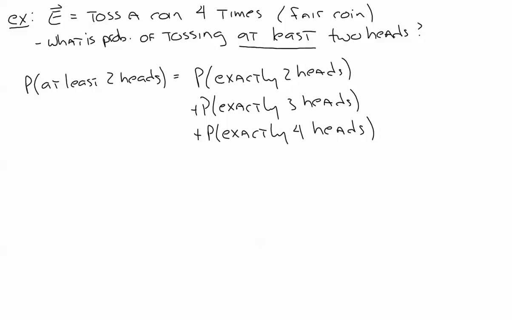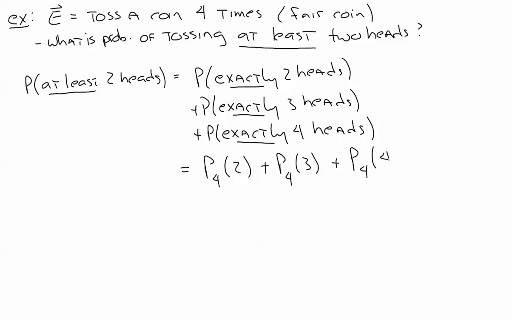That's how we're going to do it. We use our central relationship to calculate a slightly different result. So this will be the summation of the probability of tossing my coin 4 times and getting exactly 2 heads, plus exactly 3 heads, plus exactly 4 heads.